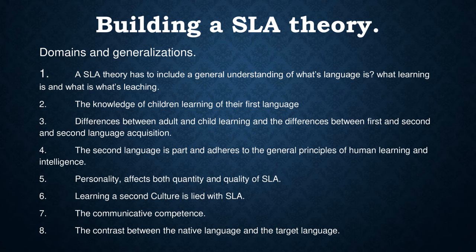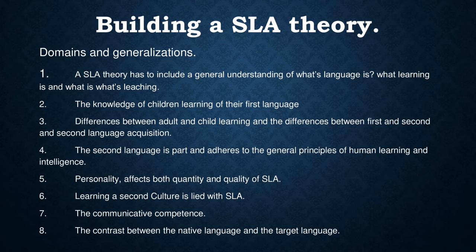For children, the knowledge of the learning of the first language provides essential information for the SLA comprehension. However, it is necessary to consider that there are differences between the learning of adult and child, and also differences between first and second language.